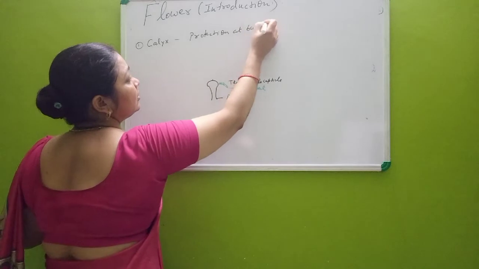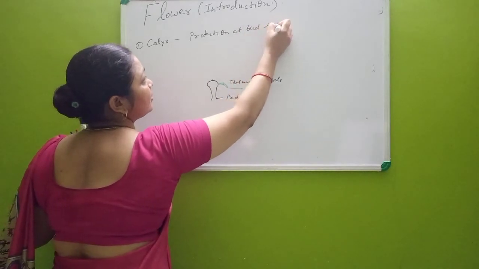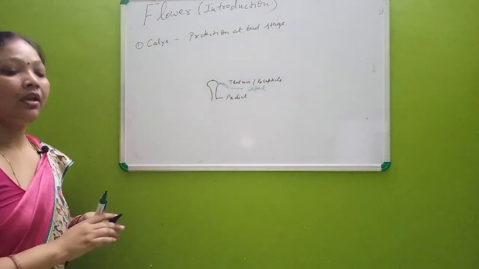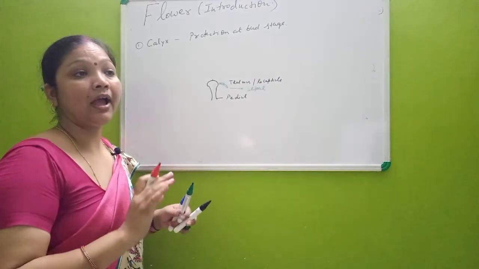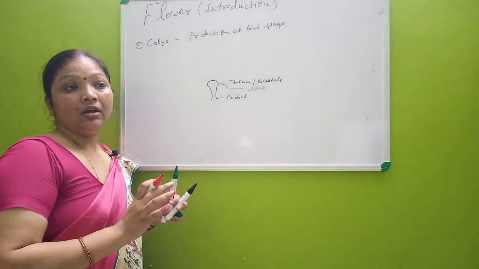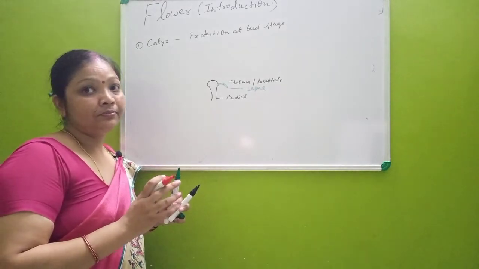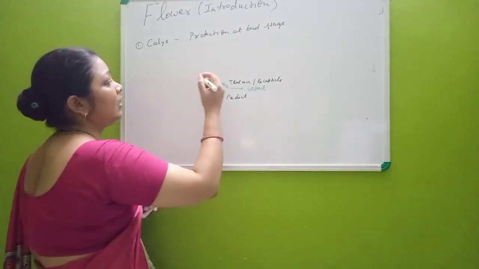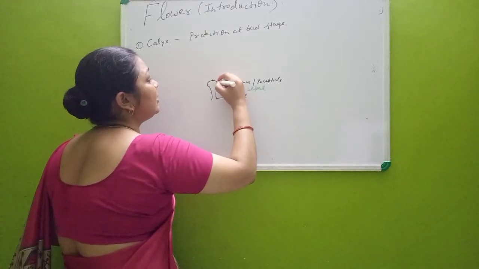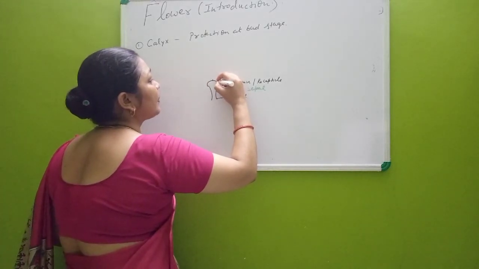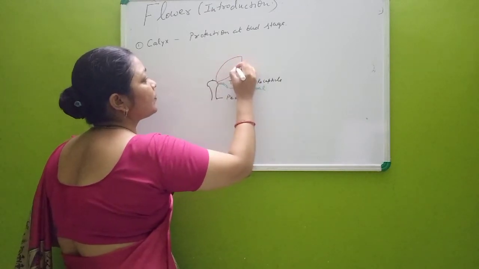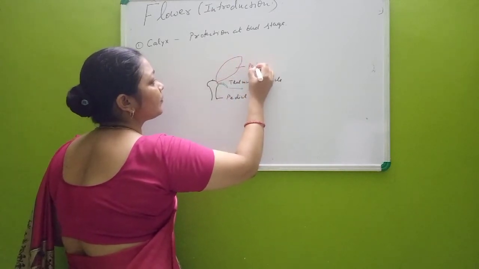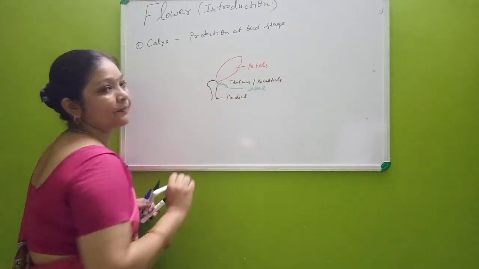At bud stage. Now the second whorl that comes to mind is the bright colored part present in the flower, the petals.